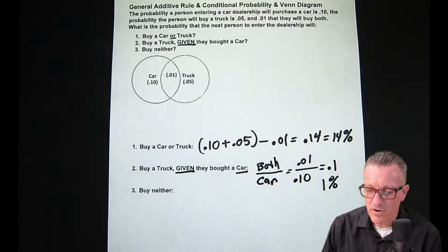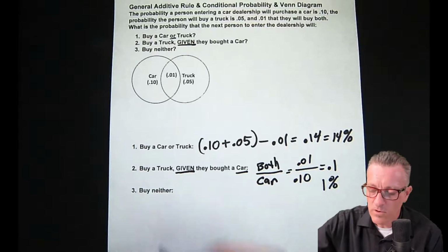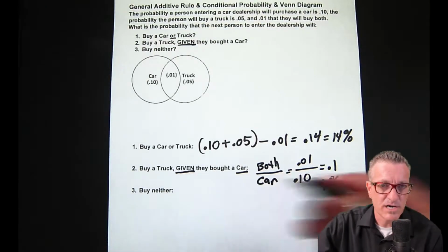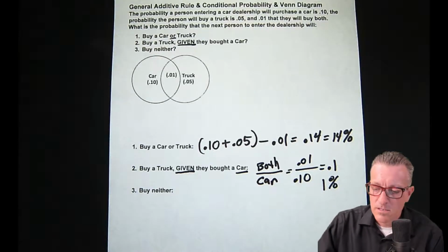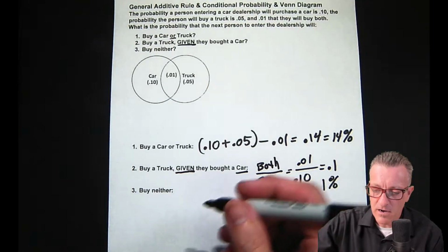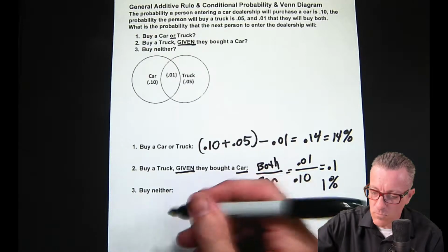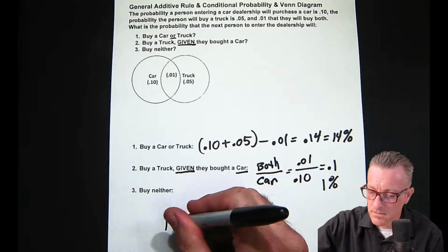Okay, and then neither. It works well with the Venn diagram as well. With neither, we always have to subtract something from one. So neither looks very similar to buy a car or a truck. It's like this: 1, subtract.